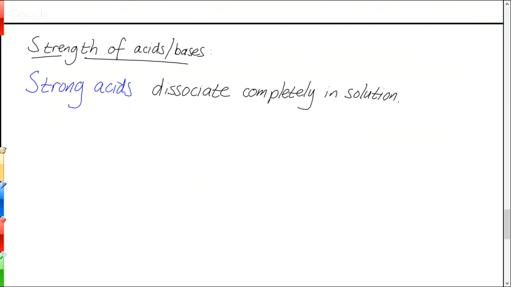That's it. Doesn't mean they're bad for you, dangerous, whatever. If they're strong acids, they break apart completely in solution. So HCl is an example of that, and that reacts like this.